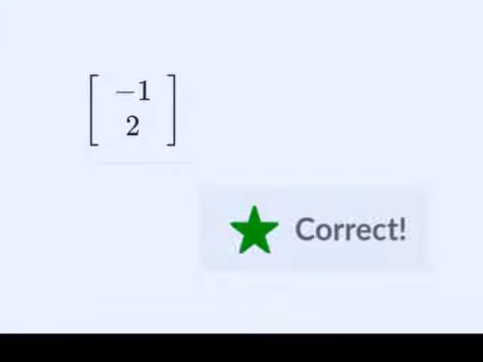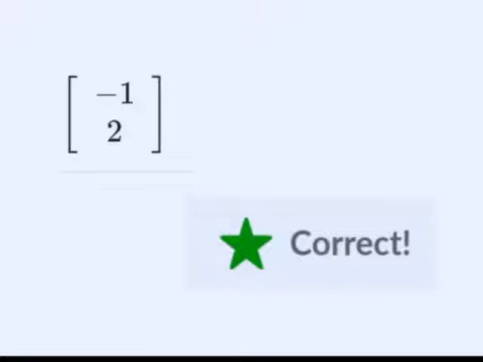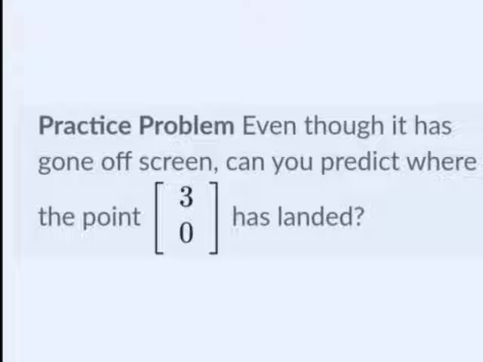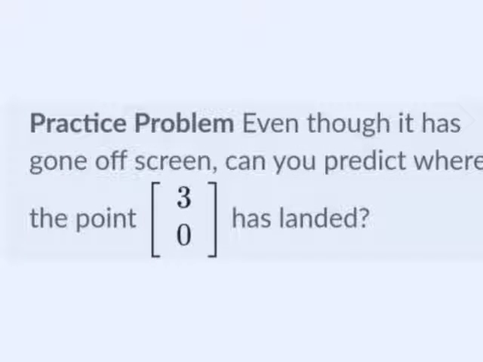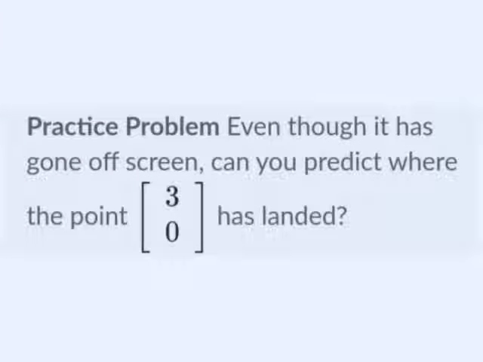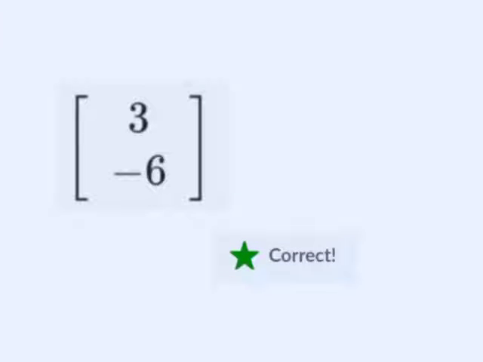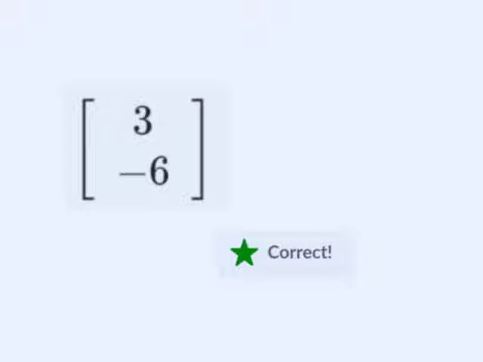If your answer is at -1, 2, then your answer is correct. In the second practice problem, you're going to predict where the point 3, 0 will land. If your answer is 3, -6, once again, you are correct.